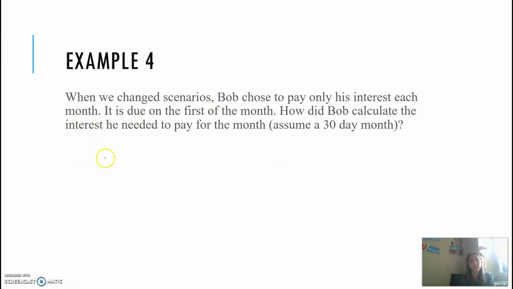So then that's when we would take the interest is equal to the principal, 8680, times the amount of days, times the rate, which was the same from the original, over 365. And that's going to equal 2661. So that is the amount he would pay for that month.